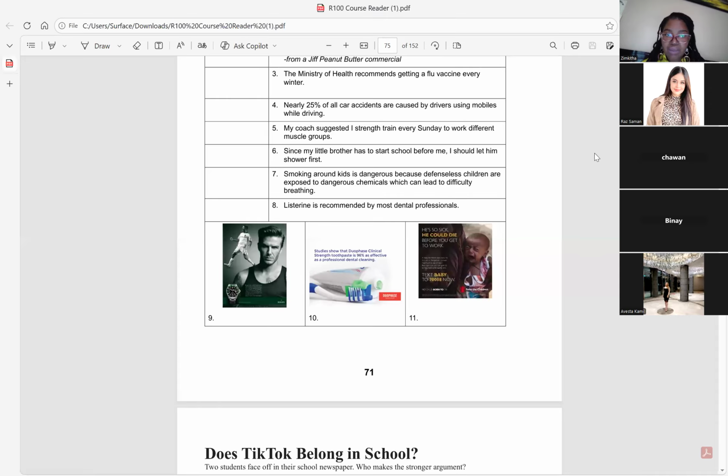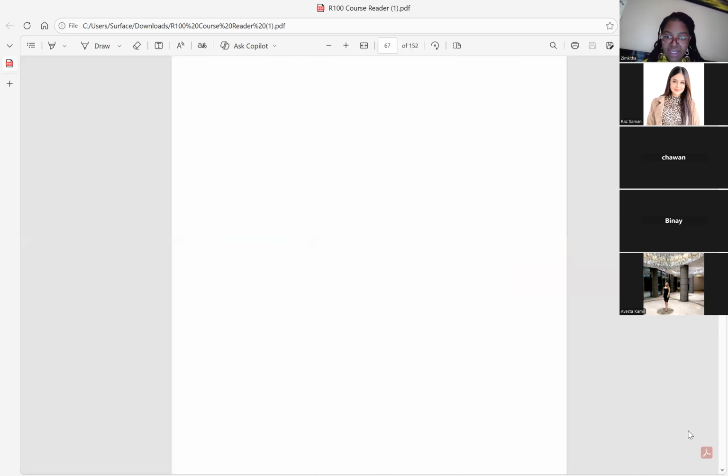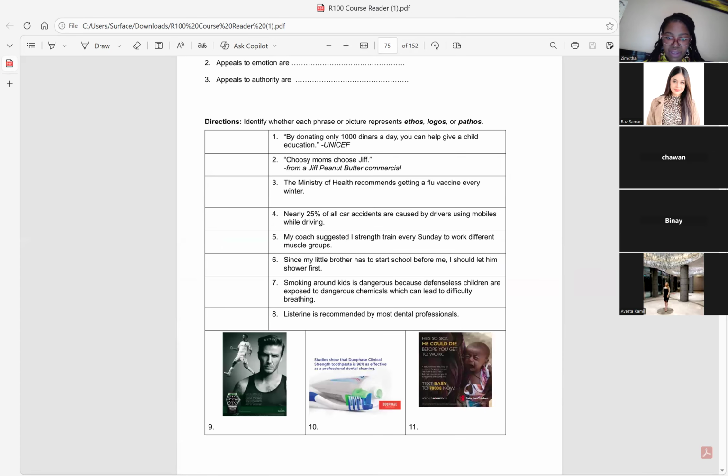Okay. So this is your reader for Reading 100 on page 71. And the purpose of this is to identify the different rhetoric. Sorry about that. There you go.